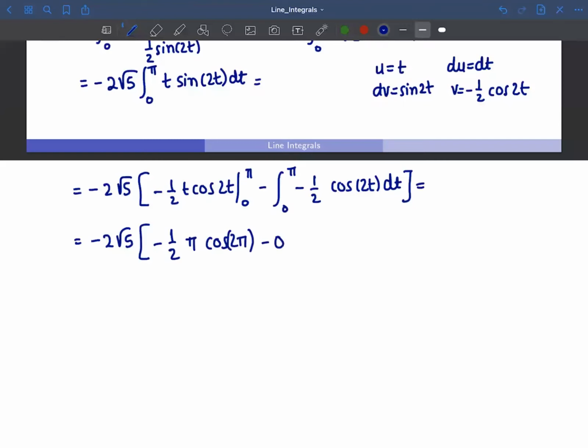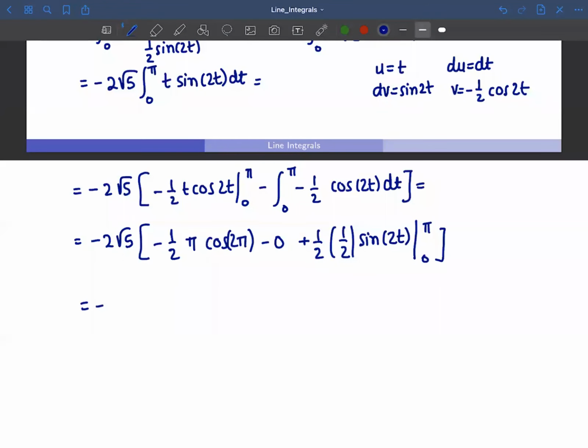And then we have a plus one half. The integral of cosine 2t dt will give us one half sine of 2t, and that needs to be evaluated between 0 and pi.